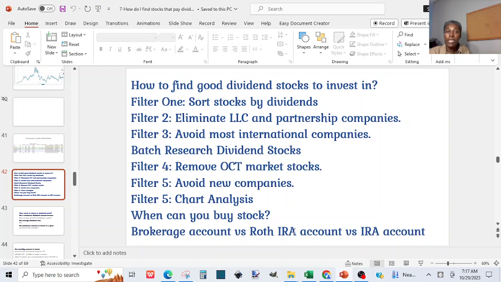The Roth IRA is a retirement account that you invest after tax money in, and when you retire, the profits that your money generates, like the growth you got from investing in stock in your Roth, when you take the money out, you do not pay tax on it. You don't pay tax on that growth, and you don't pay tax on your capital either. However, the government has a rule on when you can take money out.